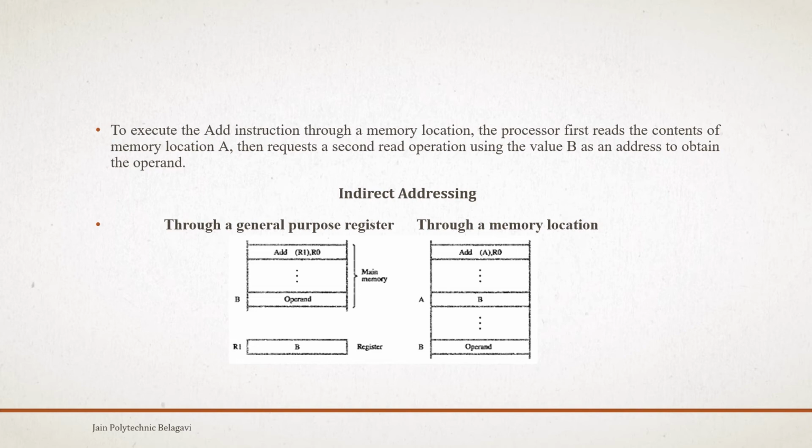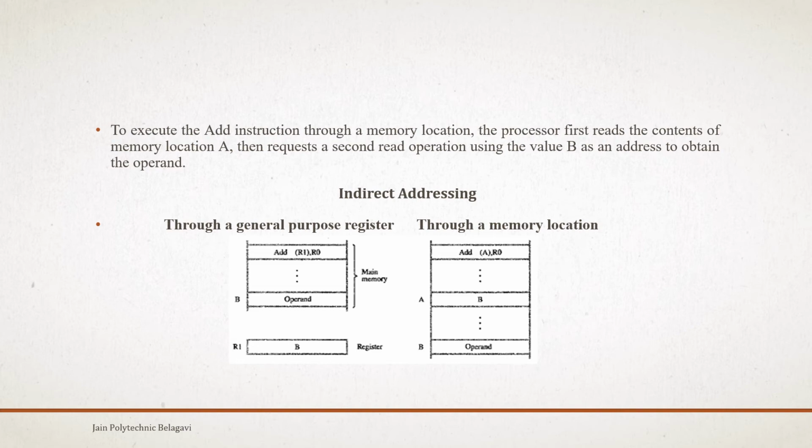If I want to execute the add instruction through a memory location, the processor first reads the contents of memory location A. You can see here add in bracket A comma R0. Now I want to get the effective address of the operand which is present in B. So what I'll do is add in bracket A comma R0.